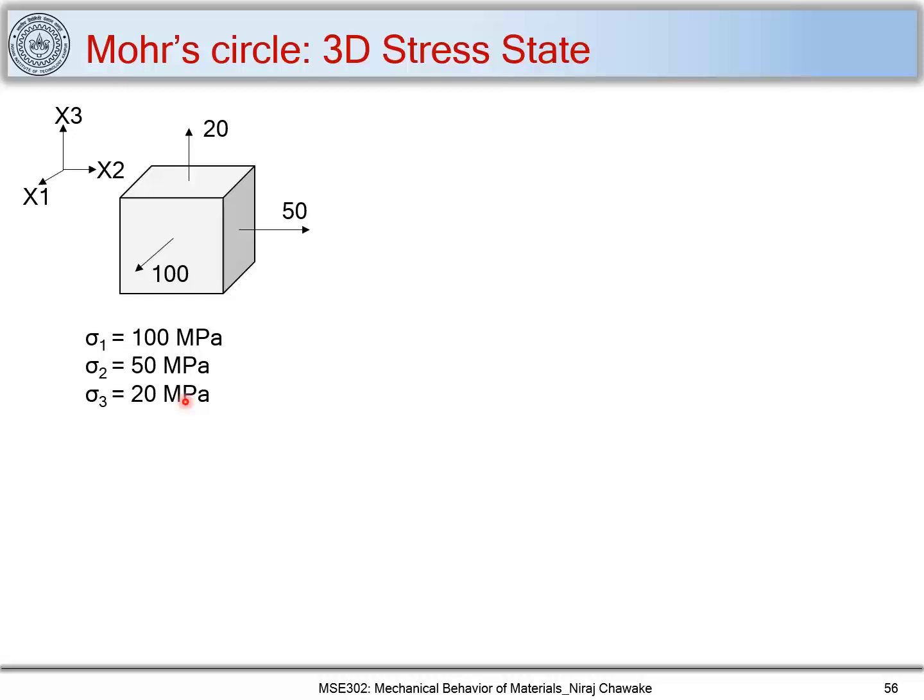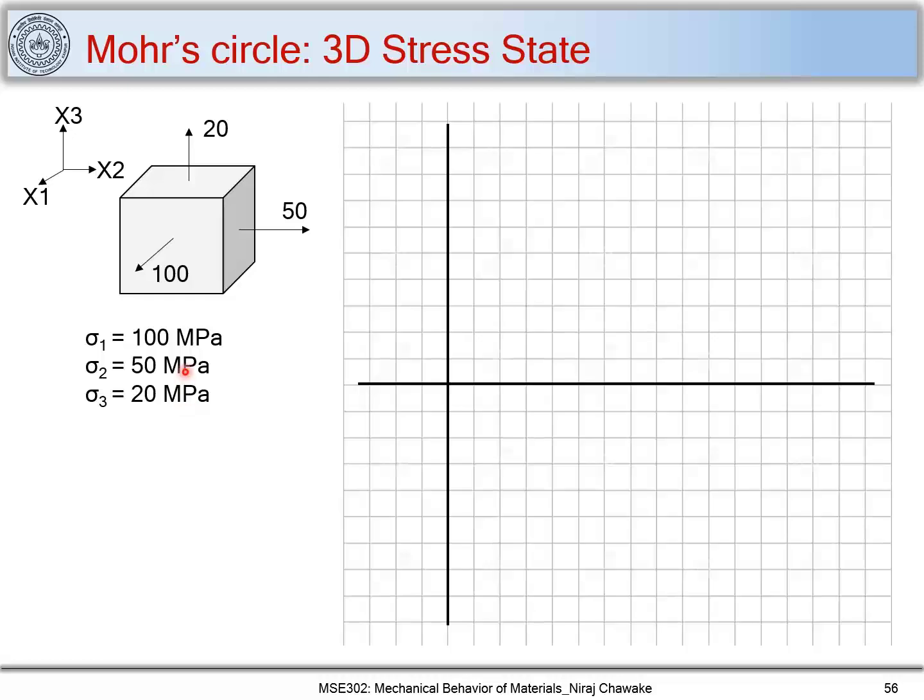Now let's revise what we have studied for constructing the Mohr circle for the 2D stress state. What do we have on the x-axis and what do we have on the y-axis? We plot normal stresses on the x-axis and shear stresses on the y-axis. Let me mark it here: sigma and tau, sigma on the x-axis, tau on the y-axis.